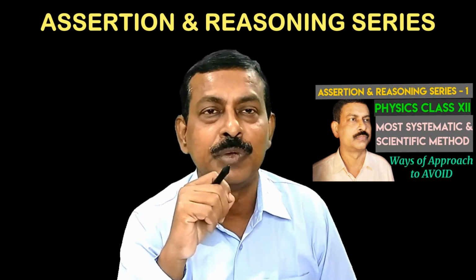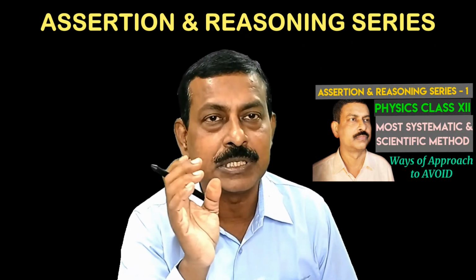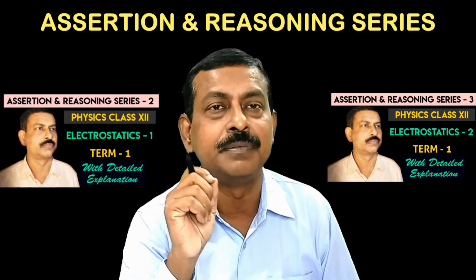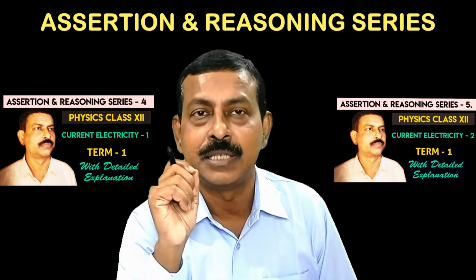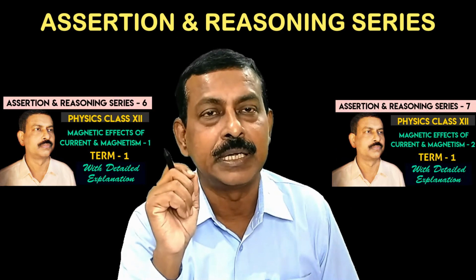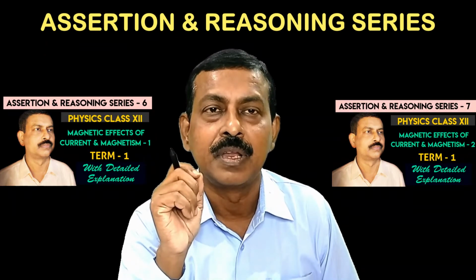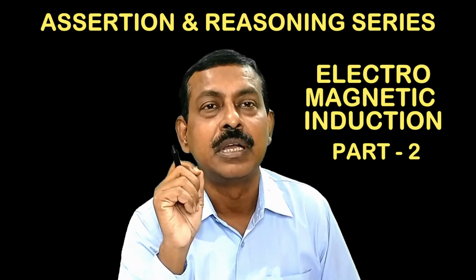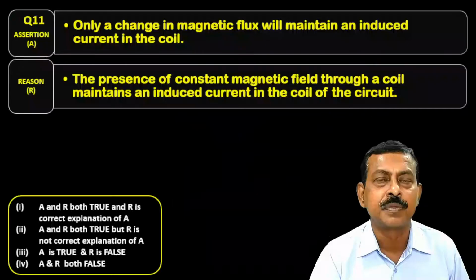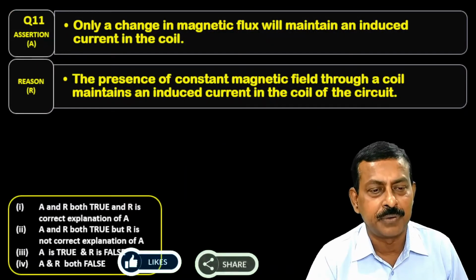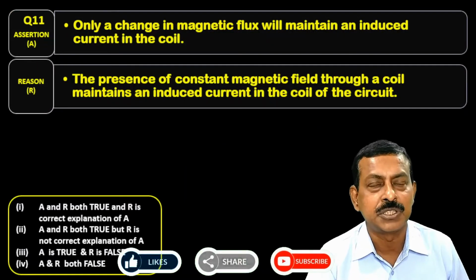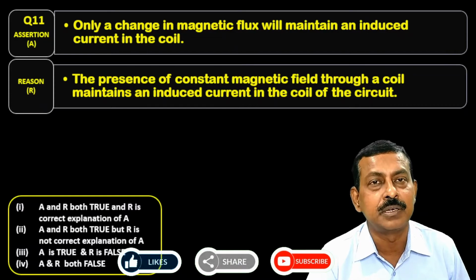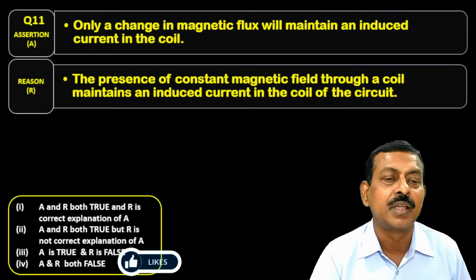After that, we have taken the different chapters: electrostatics, current electricity, then the magnetic effect of current and magnetism. And today, we are going to discuss questions on electromagnetic induction. Let's continue our discussion on questions on assertion and reasoning on electromagnetic induction.